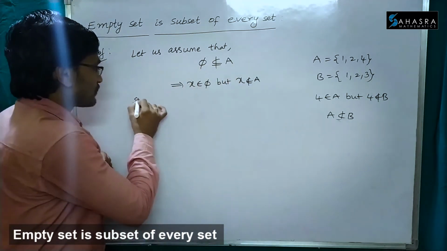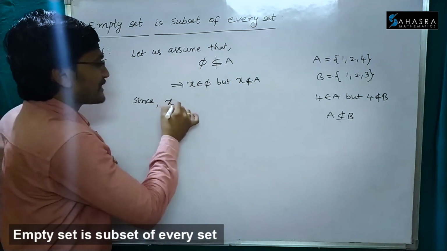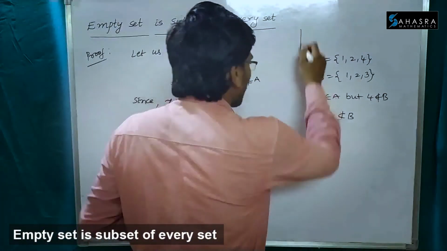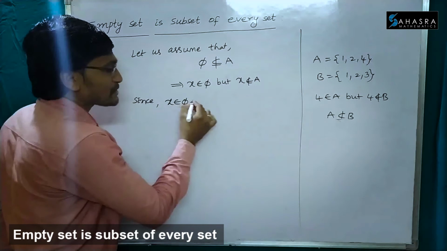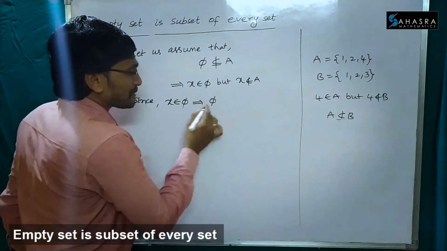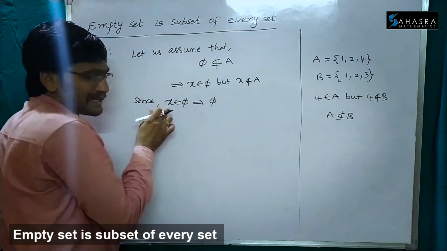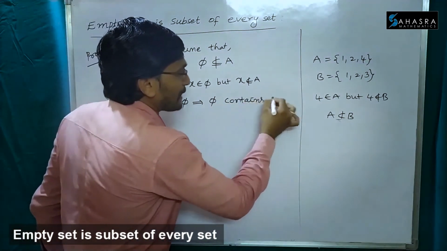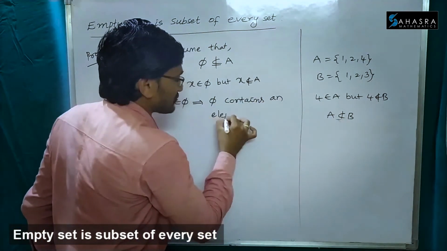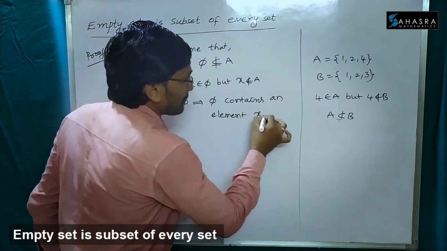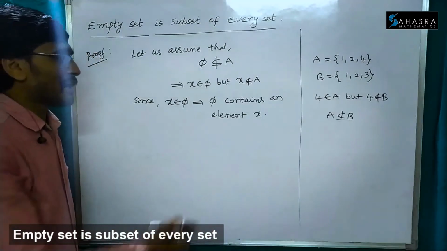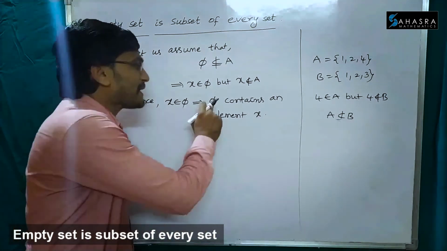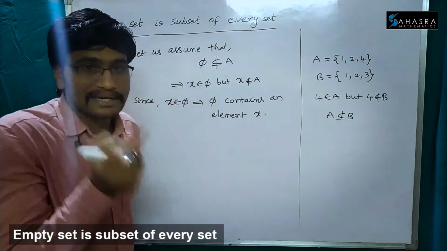Since x belongs to phi, what does that mean? x belongs to phi is nothing but the set phi contains an element x. But this is a contradiction. Why is it a contradiction? Phi is an empty set, which does not contain any element.